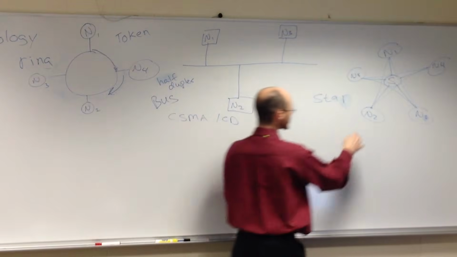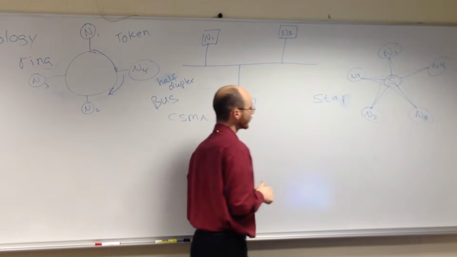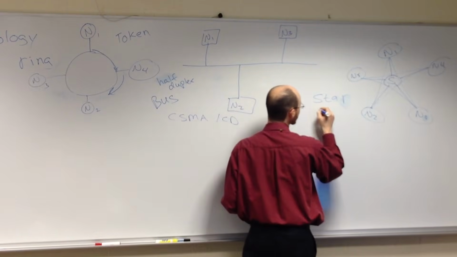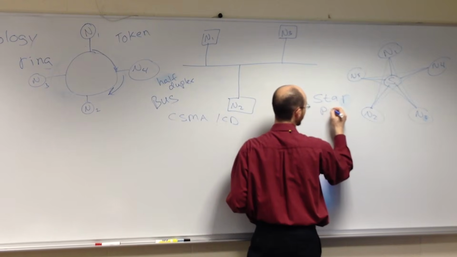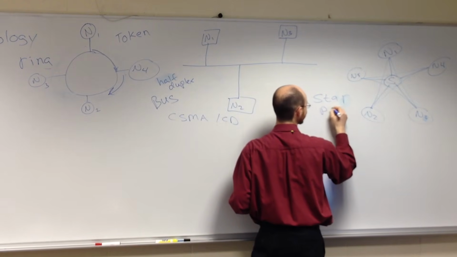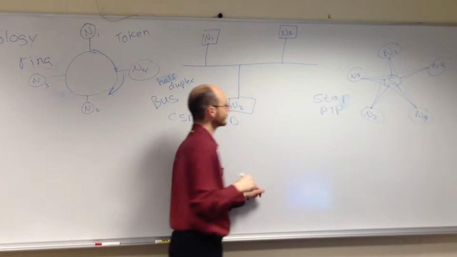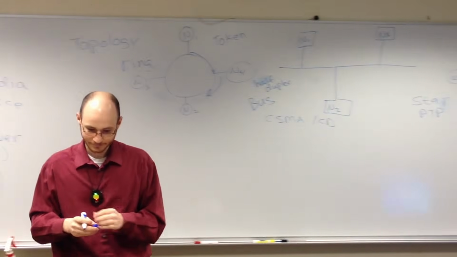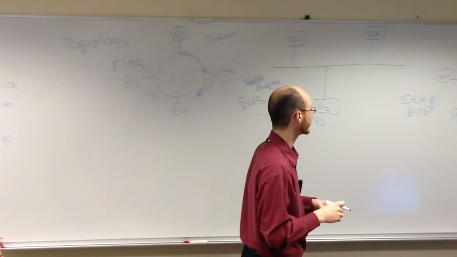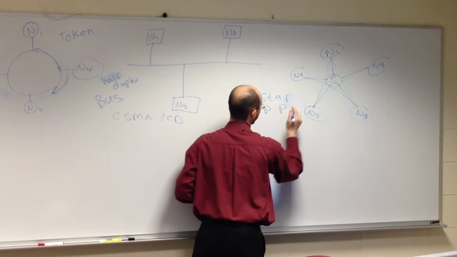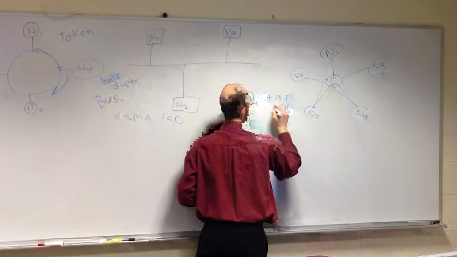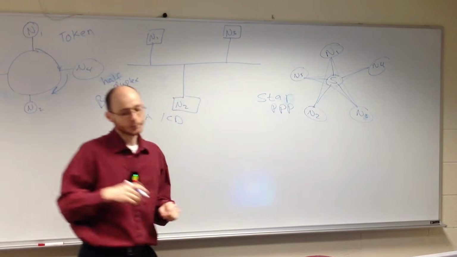Between the switch and the node, we have what we call a logical point-to-point network. Point-to-point. It's actually point-to-point protocol. It's usually PPP, I mean 3 Ps. Point-to-point protocol.